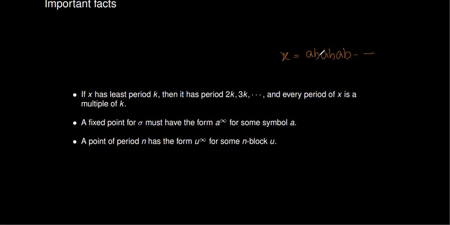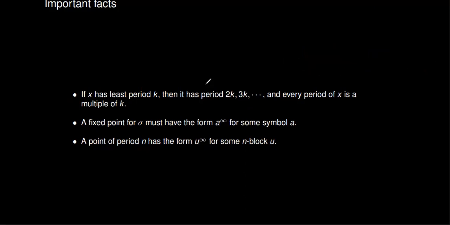Right now I consider a one-sided infinite word or sequence, but for two-sided infinite it also is satisfied. So the length of the period would be 2, but 2 times 2, I mean 4, also satisfies. 6 also satisfies. So it is another important thing.